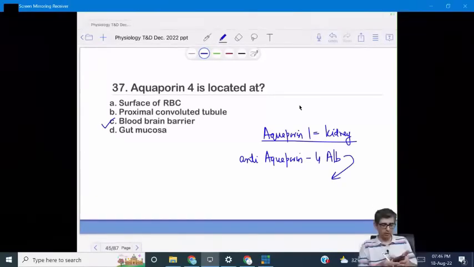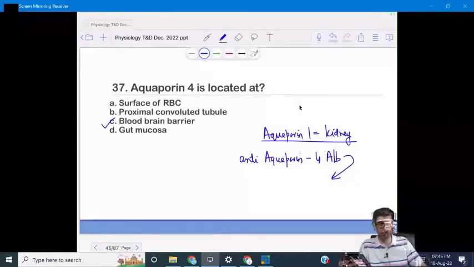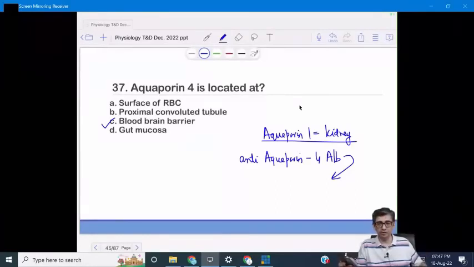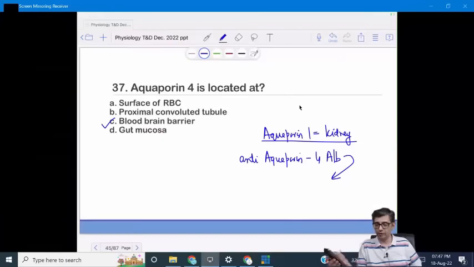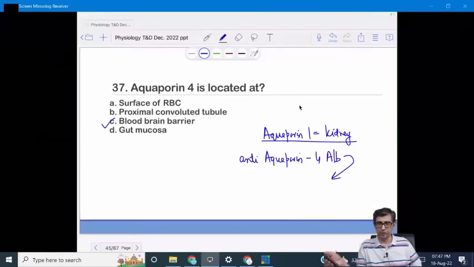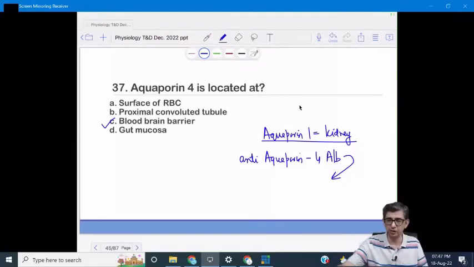What disease are you aware of where you have anti aquaporin 4 antibody? Yes, you're right. Aquaporin 4 is located in the blood-brain barrier. Tell me the name of the disease where you have anti aquaporin 4 antibody. The disease will be causing blindness in the person and spinal cord involvement also.